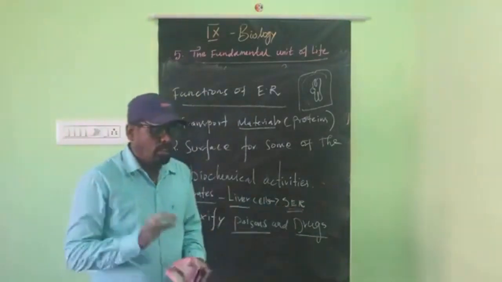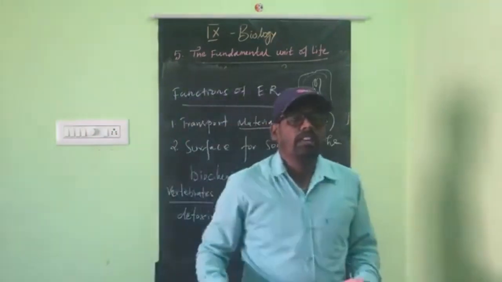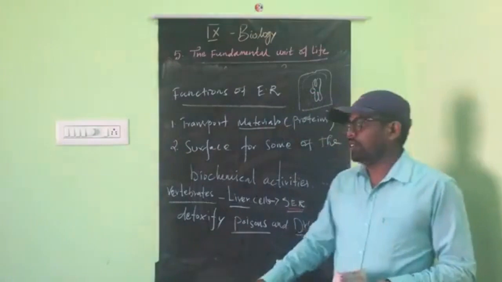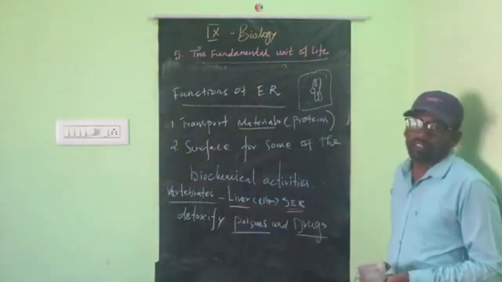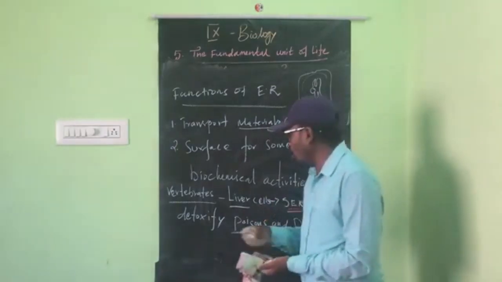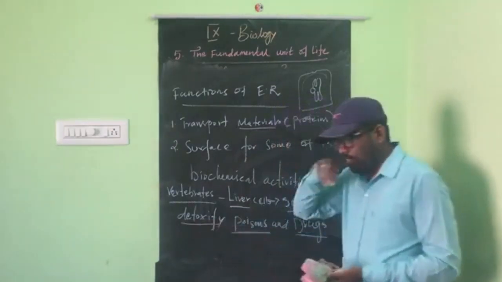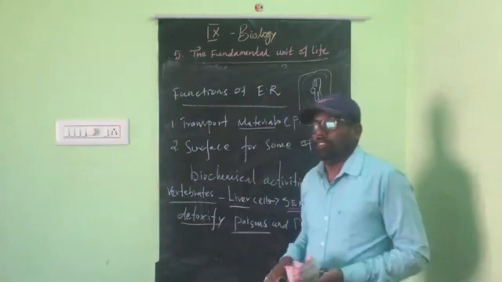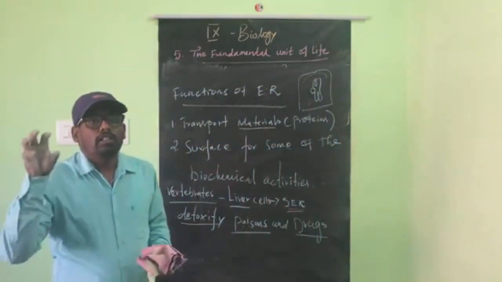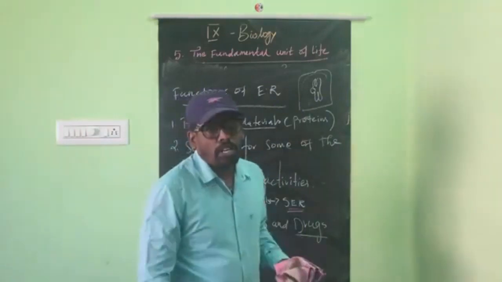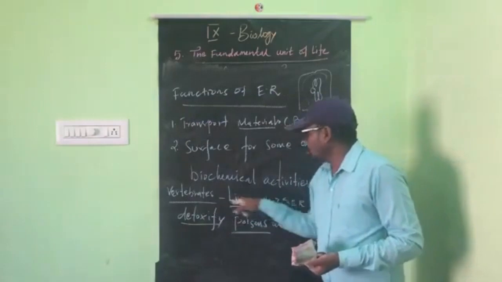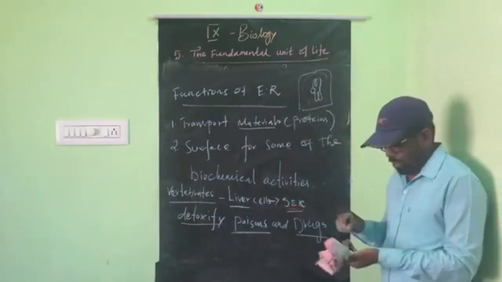Generally we see the smooth endoplasmic reticulum involved in the synthesis of fat or lipid, no. But in vertebrate liver cells, the smooth endoplasmic reticulum detoxifies. What is detoxify? It identifies the toxic content and drugs present in our body, in our blood, and that is detoxified by the smooth endoplasmic reticulum.